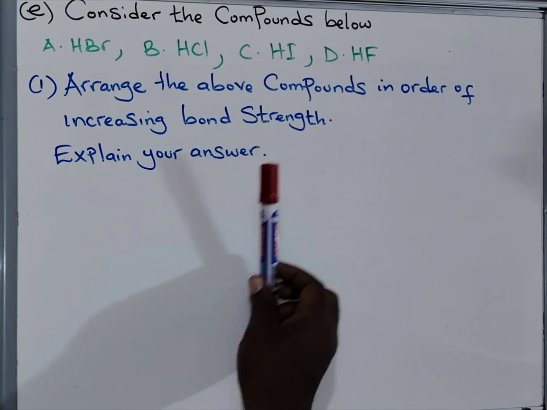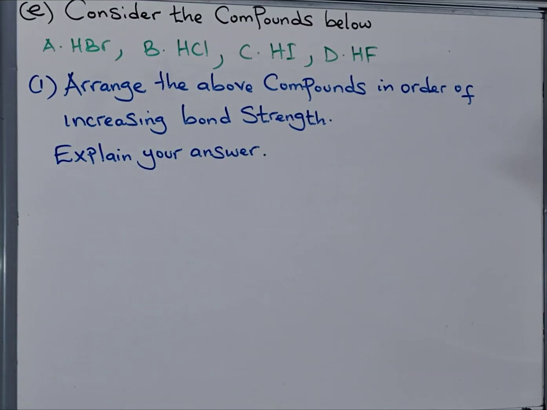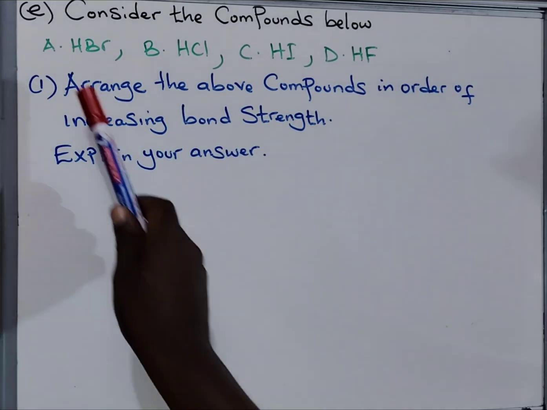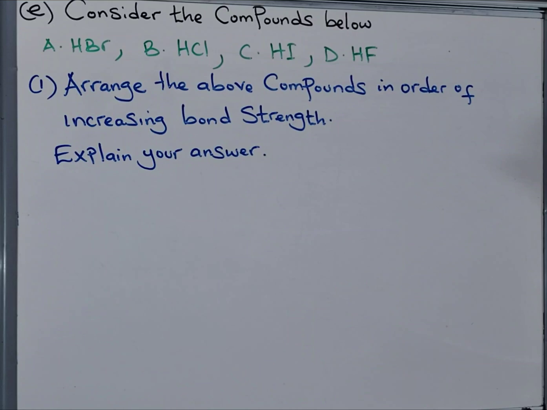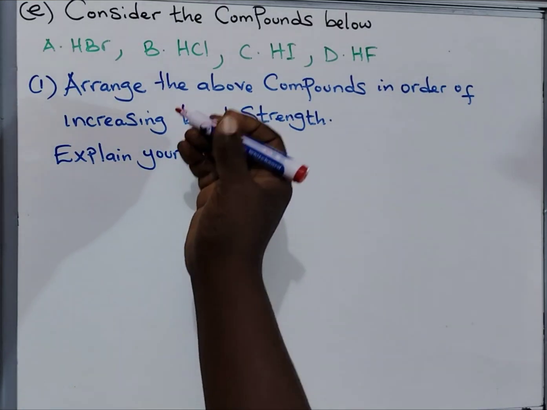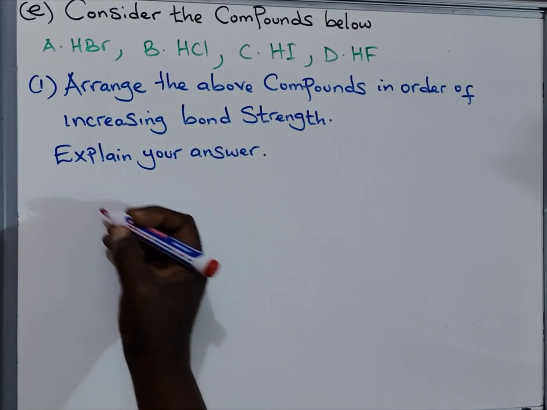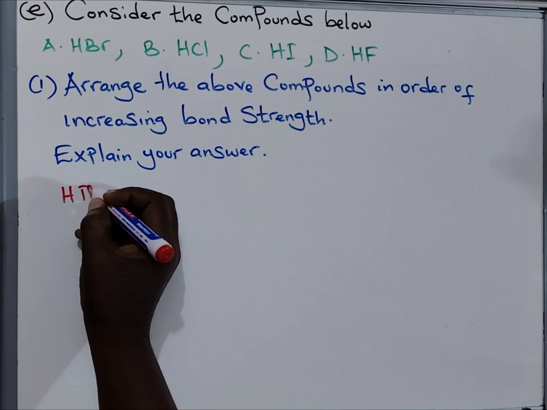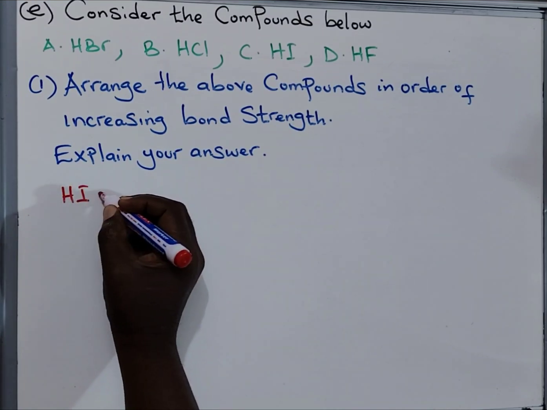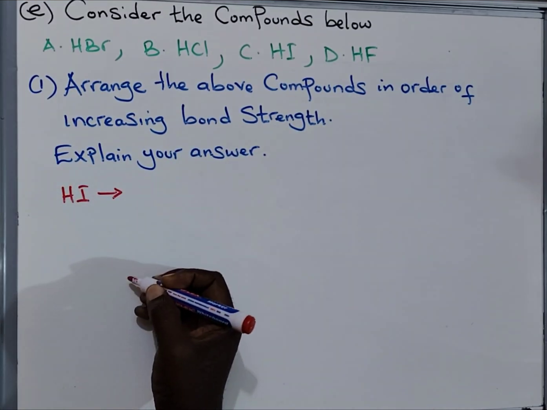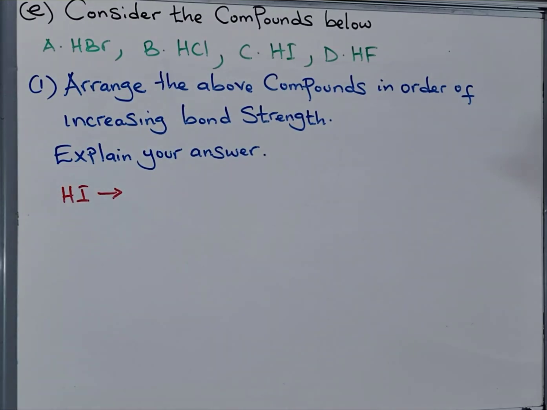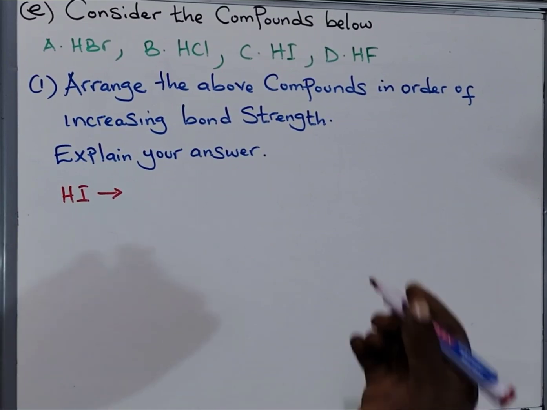Okay. So, which one is the least strong of all these? The one which has least strength is hydrogen iodide, followed by the arrangement.